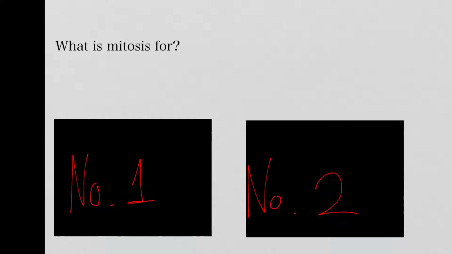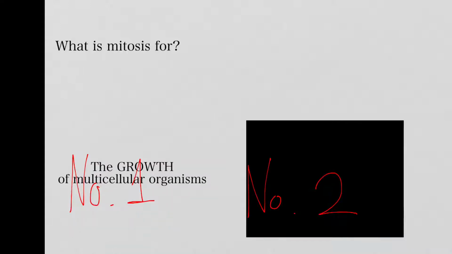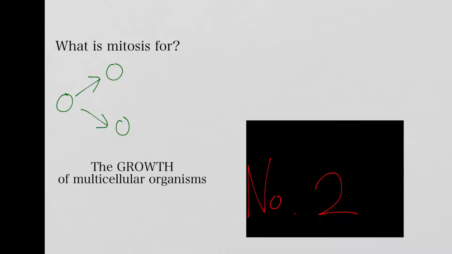The next question you'll have is, what is mitosis actually for? At this level there are two functions of mitosis that we need to know. The first is the growth of multicellular organisms. If I draw what I mean, say we've got one parent cell undergoing mitosis, that produces two genetically identical daughter cells.